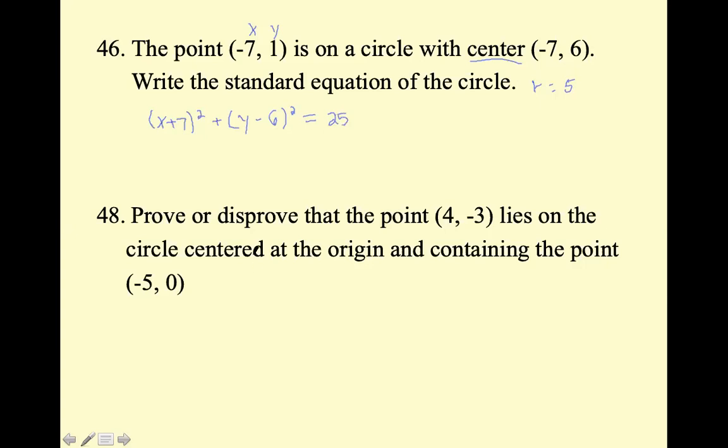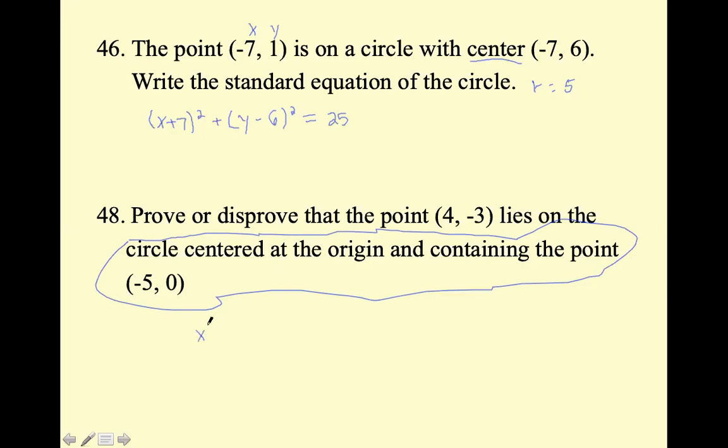All right, number 48, prove or disprove that the point 4, -3 lies on the circle centered at the origin containing the point -5, 0. All right, well, let's see. Let's just look at this second part. I want to see what this equation would look like.